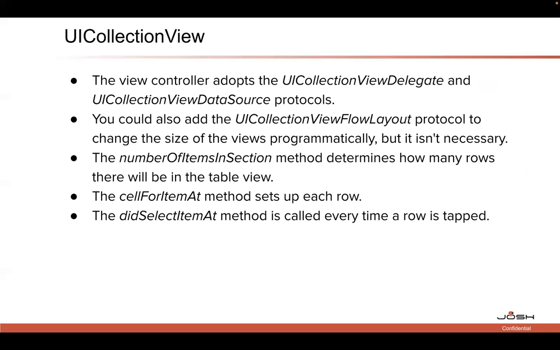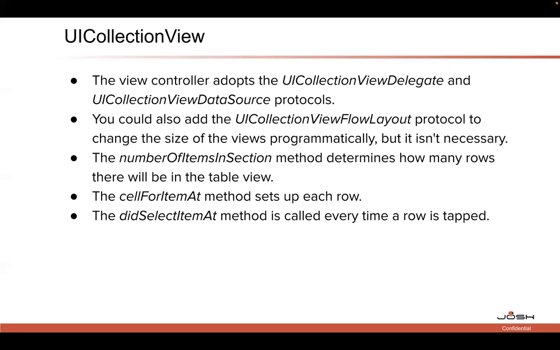Okay, so same as table view, we have two methods, number of sections and number of items in section. And then there is cell for item at. In the table view, we have cell for row at, and here we have cell for item at.